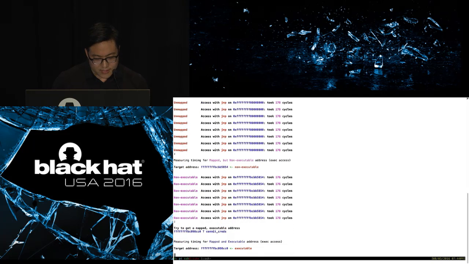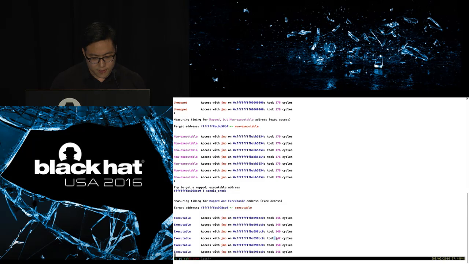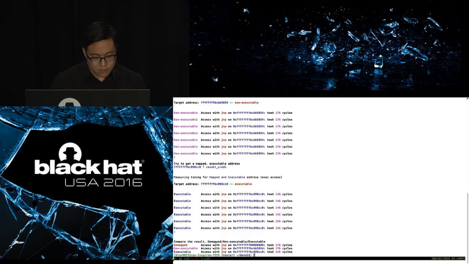But for the executable address, I just took the address of commit creds, which is a kernel function, and measuring the execution page fault on this returns like 142, 146. So we can easily distinguish executable pages from the others by measuring timing. If it is 140-something, then it is definitely an executable page.